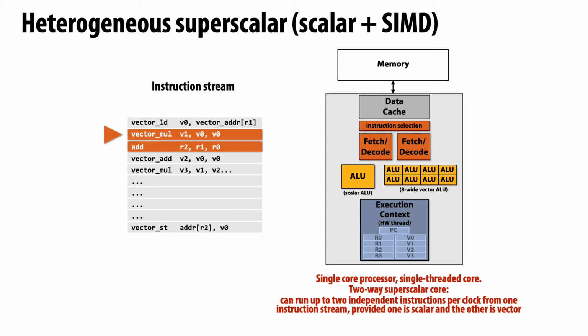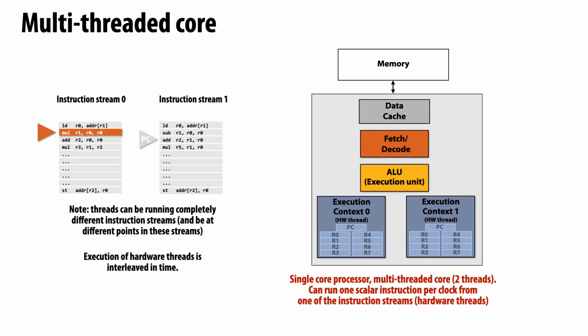So now we can put aside the SIMD and the superscalar, and we can make the core multi-threaded. Now I take the execution context and I duplicate it. So now I have a processor core, single core processor. It's now a 2-way multi-threaded core. It supports the state for 2 threads at once.